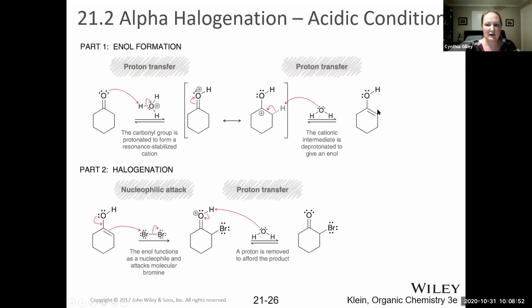Once it's in the enol tautomer, we have the exposed nucleophilic alpha carbon. So the nucleophilic alpha carbon can then attack one of the bromines, kicking off the other bromine as bromide. That leaves this intermediate where there's a proton attached to the carbonyl, which can be easily removed with water, and the product then is an alpha bromo ketone.